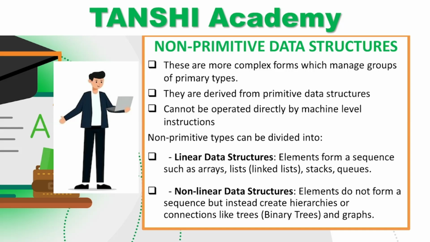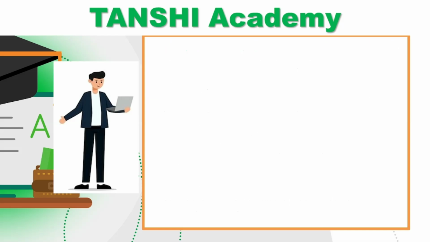For non-linear data structures, the elements do not form a sequence, but instead form hierarchies. So when we want to distinguish between non-primitive data structures, we talk about sequence for linear, and hierarchies for non-linear. A data structure like an array organizes data in a sequence, whereas a non-linear data structure like a tree organizes data in the form of a tree.